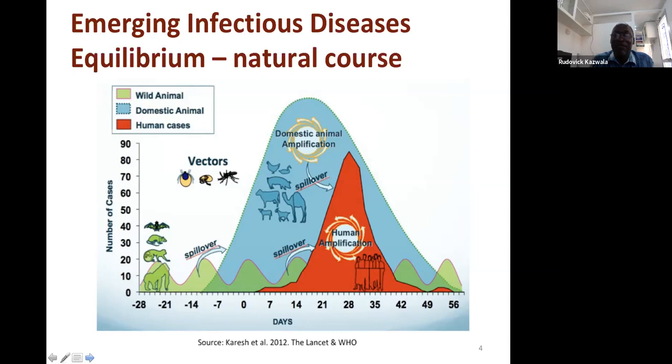But at the same time, these pathogens from wildlife may get into human populations, and the same amplification may occur and we get mortalities. But when the disease is amplified in the domestic population, especially for zoonotic diseases, they may get into human populations and you get mortalities and morbidities. This is just like a natural course if we don't make any interference.